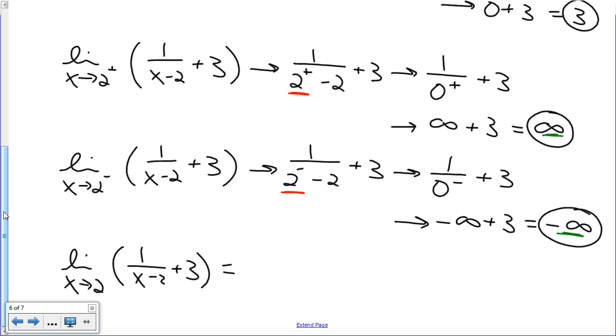Our property says if we're approaching the same limit from both sides, then that's our limit. If that's not happening, then our limit does not exist, and that's what we have here. I'm approaching positive infinity on one side, negative infinity on the other side, so the limit as x goes to 2 does not exist in this case.